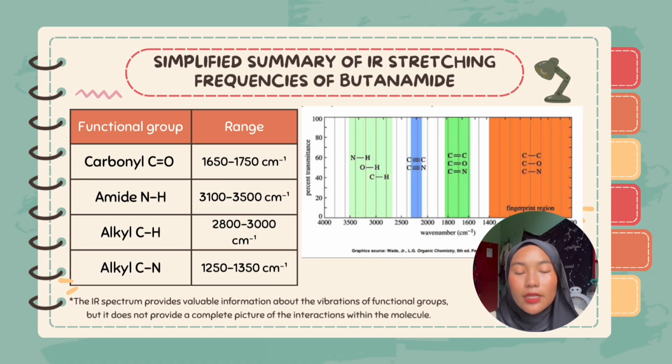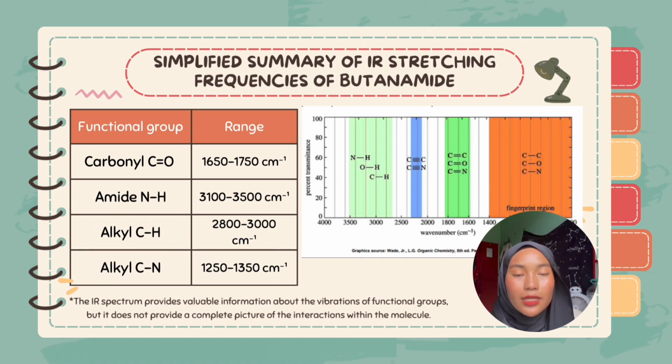Okay, I would like to simplify the summary of IR stretching frequencies in butanamide. The first one is carbonyl, C=O. The range starts from 1650 till 1750 cm-1. Then the amide NH bond. The range starts from 3100 till 3500 cm-1. For the alkyl CH bond, the range starts from 2800 till 3000.